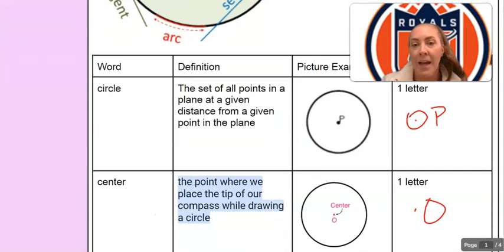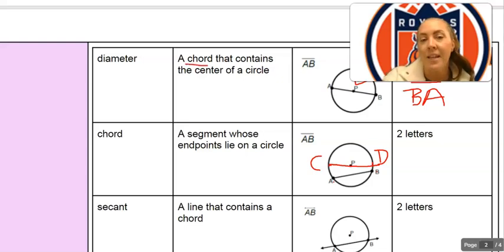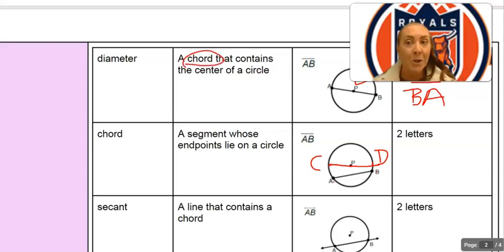Okay? Now, I can also draw a chord. If I call this C and D, I can draw a chord that goes through the center, which is a diameter. So that's why a diameter says it is a chord. A diameter is a special chord.